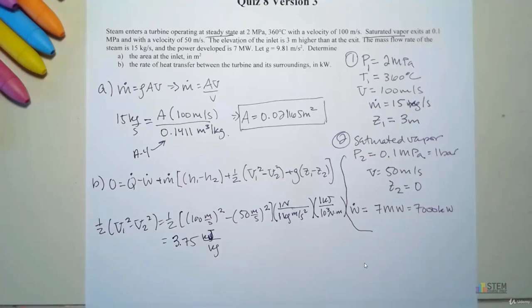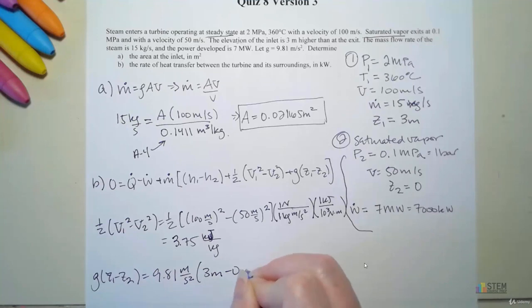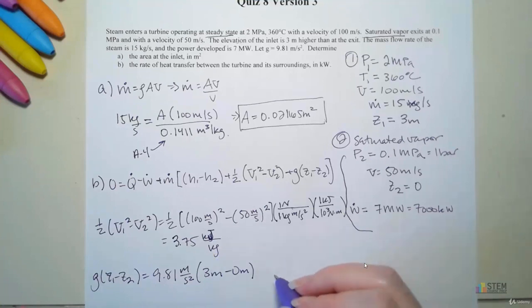So you got that for that term for kinetic energy, and then for potential energy, which is this one, let's look at that one and then we'll put it together. Here you're going to have 9.81, that's meters per second squared, times 3 meters minus 0 meters. Again, we have to have the same units as all these other terms. So I want kilojoules per kilogram.